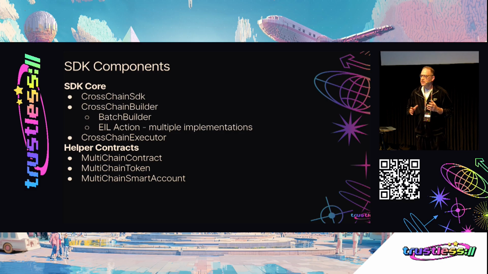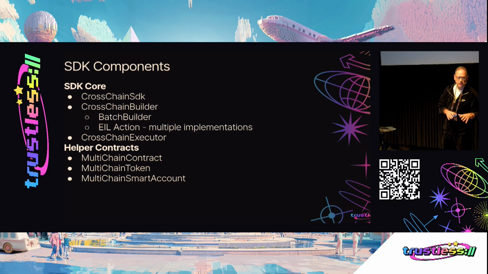The executor is a contract that runs these user operations: it executes the first user operation, waits until it's executed or failed, probably executed successfully, and if this user operation requested a token transfer to another chain, then it waits for the tokens to appear on the other chain through the bridge and executes the next user operation. So basically, it wraps everything, but it's a single execute call. We'll see that.